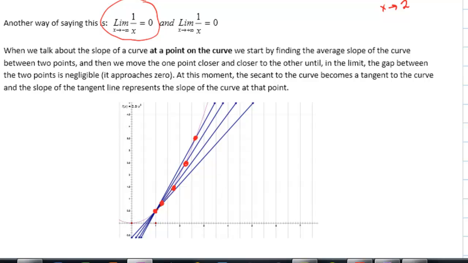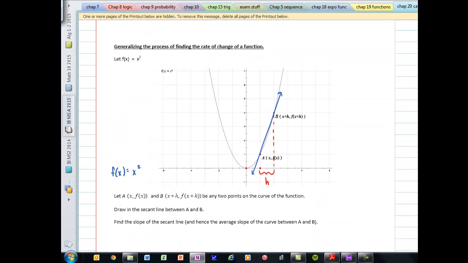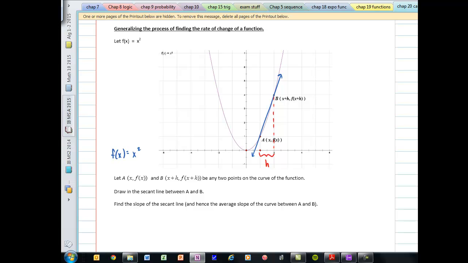As these points get closer and closer and closer to point A, which is the one that we were looking at, the secant line becomes the tangent line, and the slope of the tangent then represents the slope of the curve at that particular point. Okay, so go ahead and turn the page, and let's talk about how to figure this out.